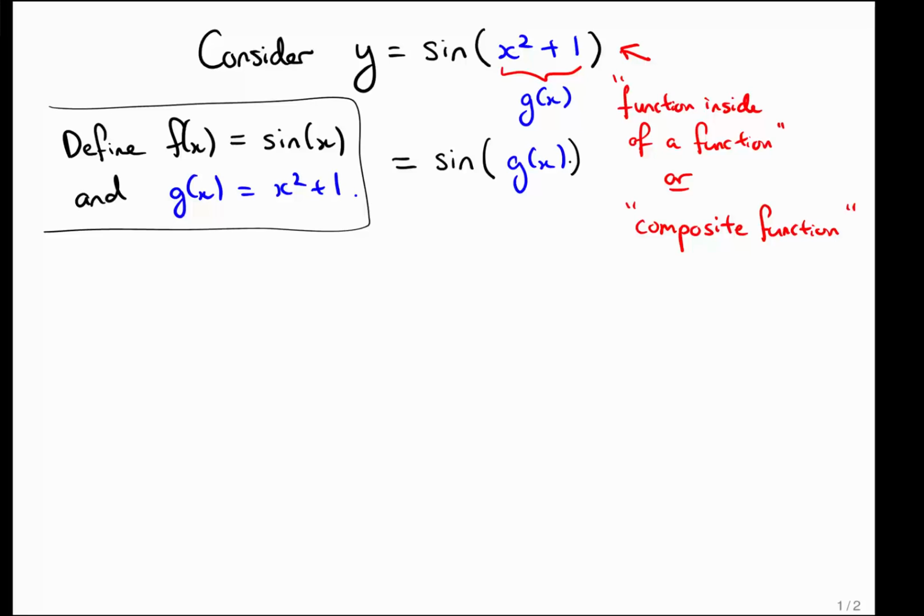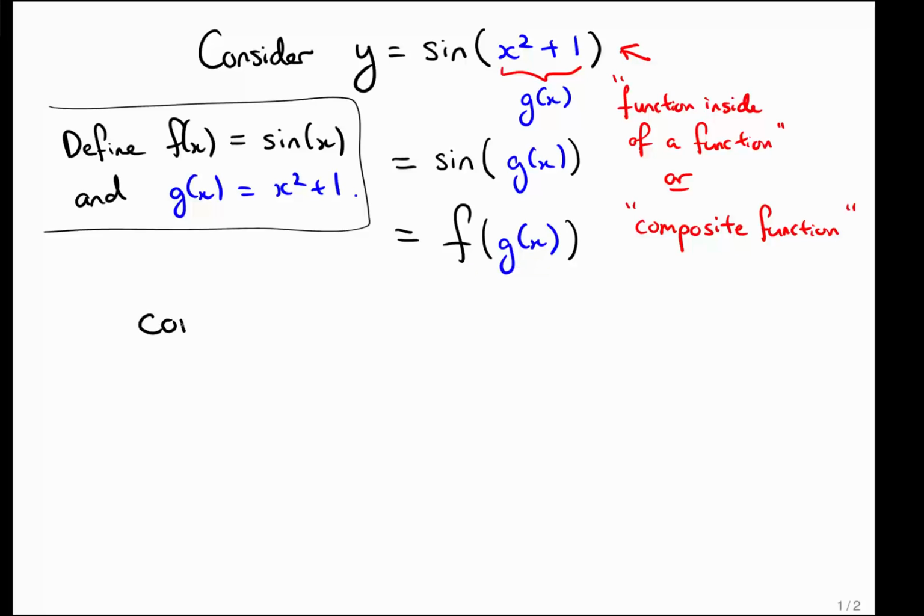That is, the entire function g has been thrown into the sine function as an input. And since the sine function is the function f, we're therefore just throwing the function g into the function f. This precisely shows that our original function is just one function inputted into another, specifically the function g inputted into the function f.